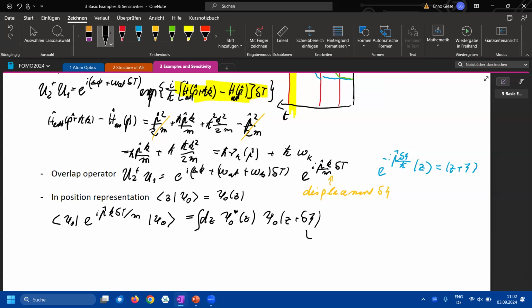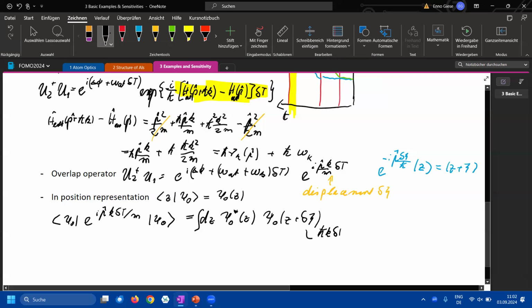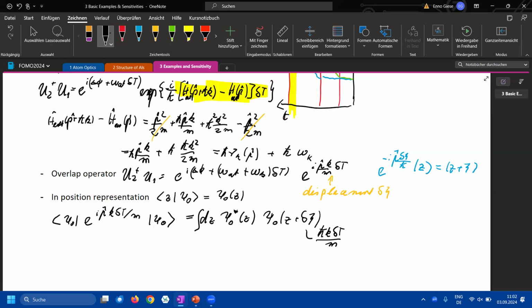And delta zeta in this case is equal to h bar k times delta t over m, which is the different velocity times the timing asymmetry. And this is how those two wave packets are displaced now. And you can now take your initial wave function, displace it, overlap it, and calculate what's coming out.